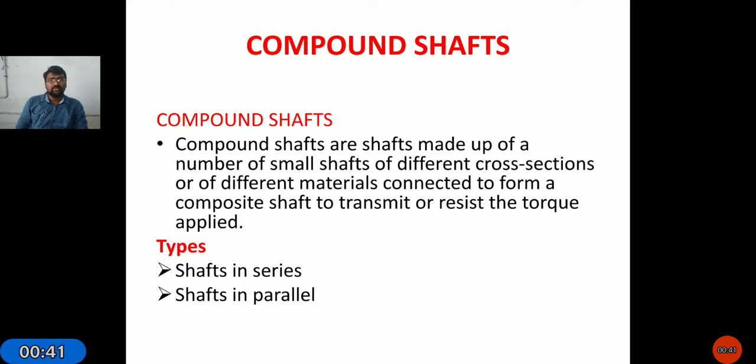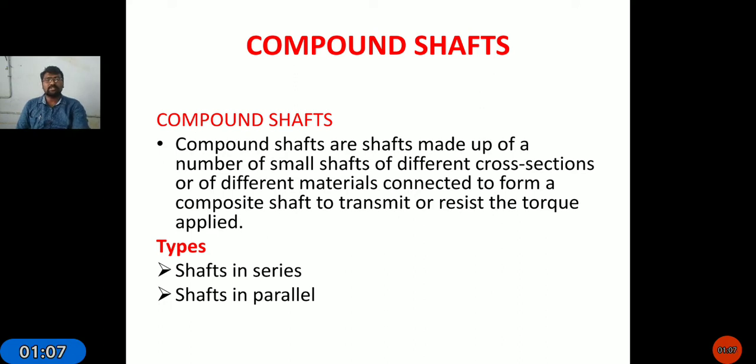Observe, compound shafts are shafts made up of a number of small shafts of different cross sections or different materials connected to form a composite shaft to transmit or resist the torque applied.